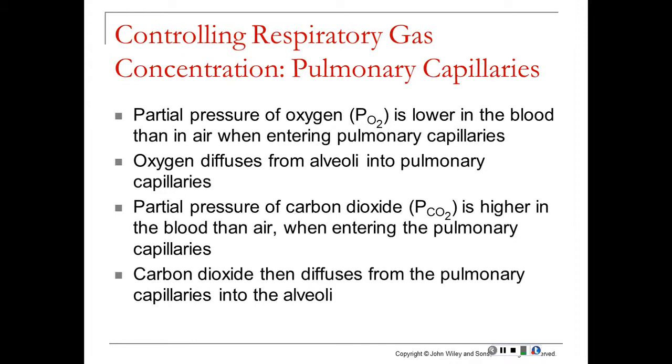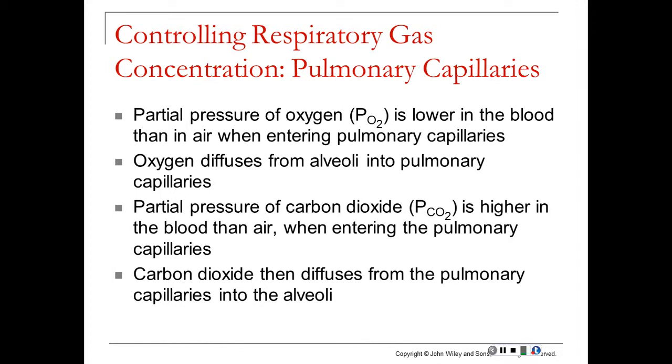This should make sense because we're talking about bringing air that's relatively high in oxygen concentration into the lungs, and that's going to diffuse into that deoxygenated blood that is coming from the right ventricle, which has come from the systemic circuit. So in other words, that low oxygen blood is coming to the lungs, to those pulmonary capillaries. It has a lower partial pressure of oxygen than the incoming air through your ventilation system.